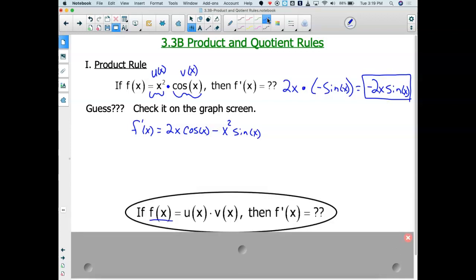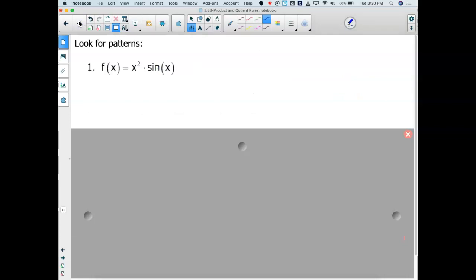My f of x function is going to be my function in terms of x times a completely different function in terms of x. What is my derivative? I would like you to turn the page and type these next three only in your calculator, see what your calculator says they are, and see if you can figure out the pattern over these next three problems.